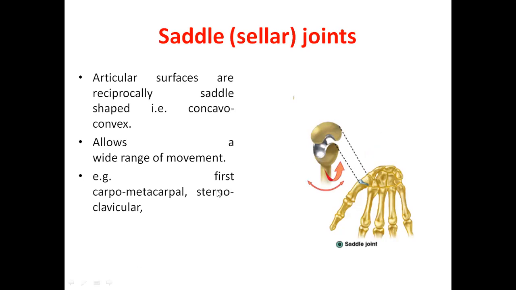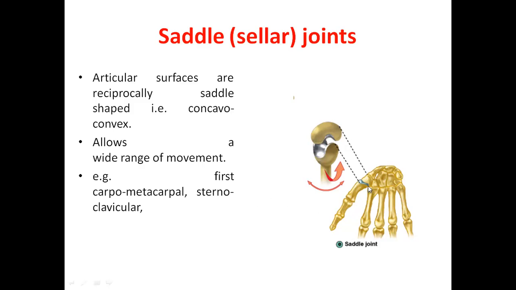An example of such saddle joints is the carpometacarpal joint, between the first metacarpal bone and the carpal bone of the hand. Another example of the saddle joint is the sternoclavicular joint, SC joint, that is between the sternum and the medial end of the clavicle.